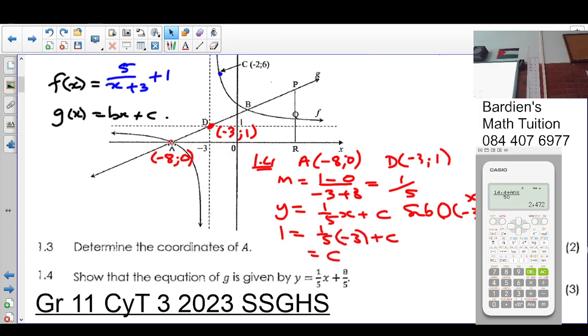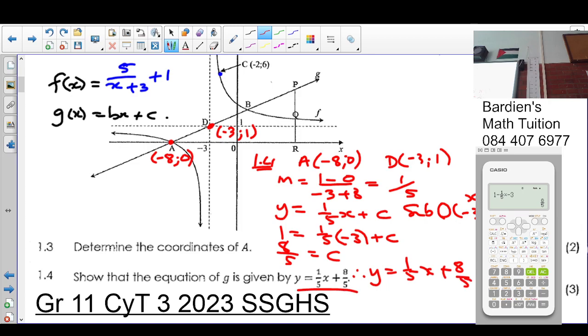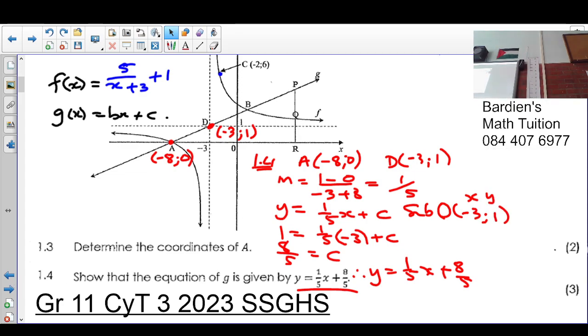So c is going to be 1 minus 1 over 5 times negative 3, which gives you 8 over 5. Therefore, y is equal to 1 over 5 x plus 8 over 5, and we have proven that. Remember, in a show that question, I can't use that in my calculation. I must end off with that. Just take a calculator away there quickly.